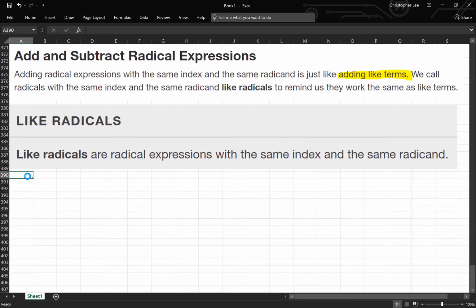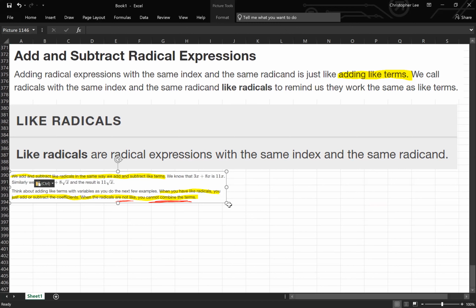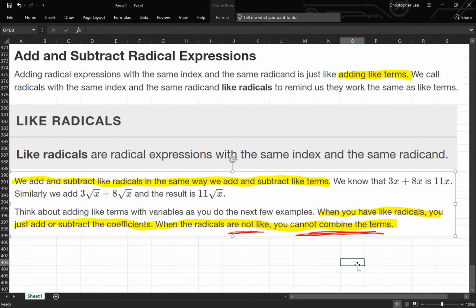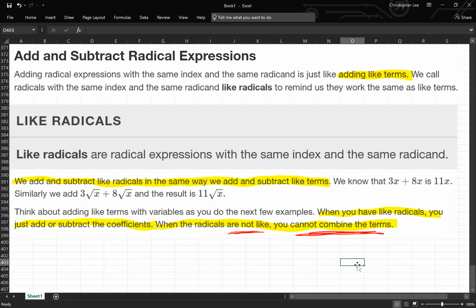All right, let's talk a little bit more about it. We add and subtract like radicals in the same way we add and subtract like terms. We know that 3x plus 8x is 11x, right? Similarly, we add 3 times the square root of x plus 8 times the square root of x, and the result is 11 square root of x.